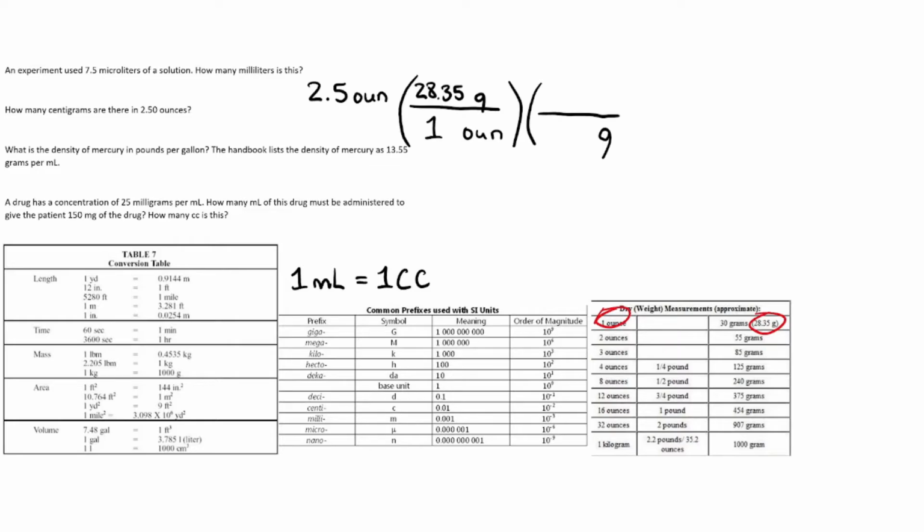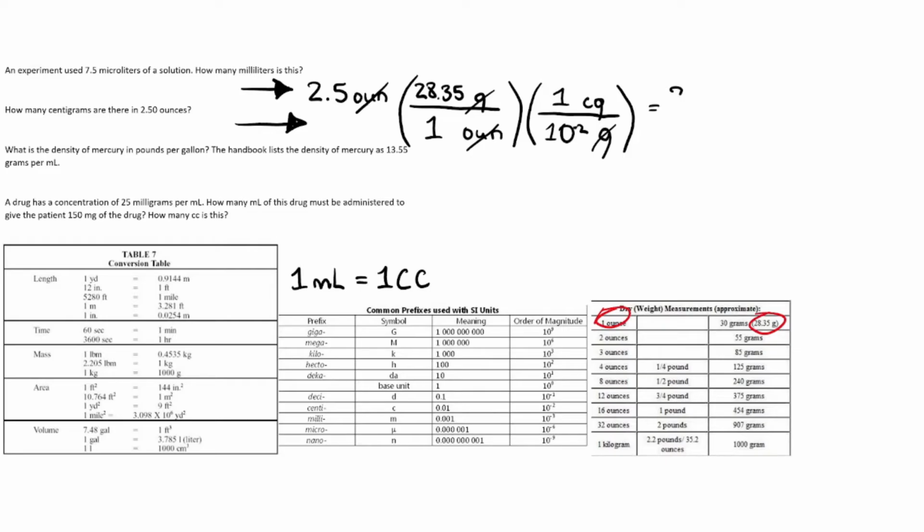Now we need to go from grams to centigrams. For every 1 centigram, there is 10 to the negative 2 grams. Now we can cancel our units, we can cancel ounces, we can cancel grams, and we're left in centigrams. Now we want to multiply across the numerator and across the denominator.